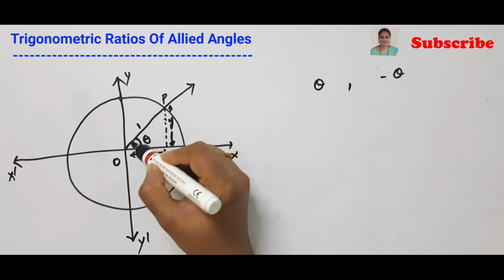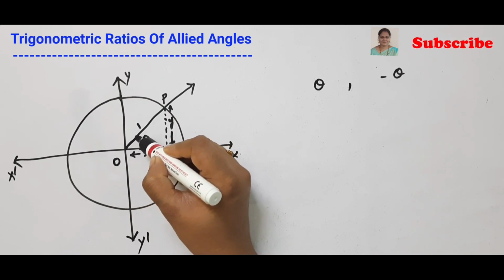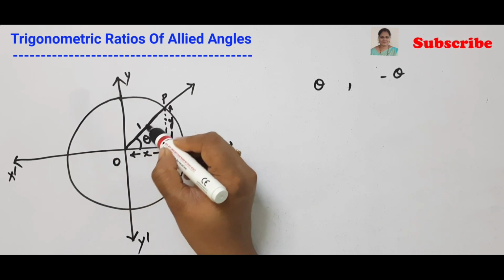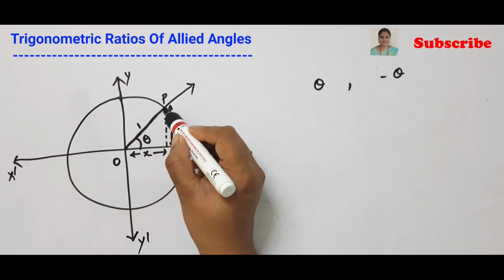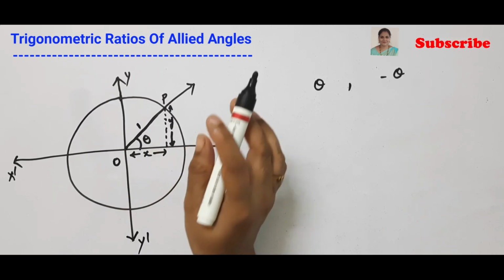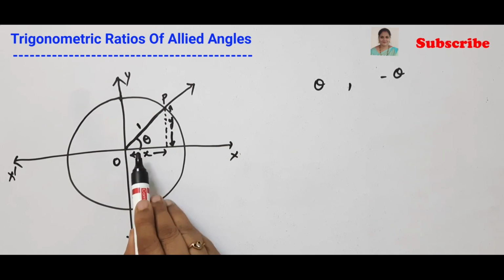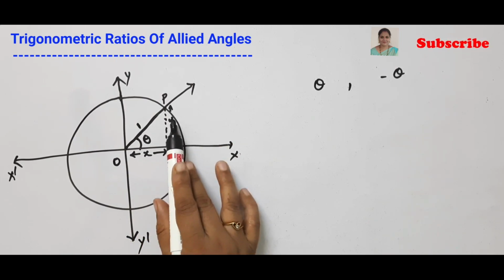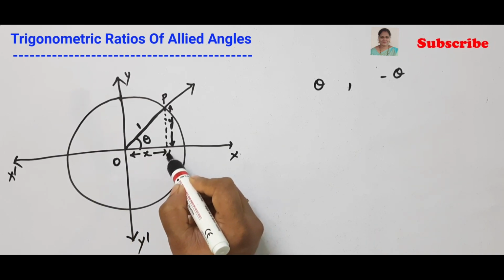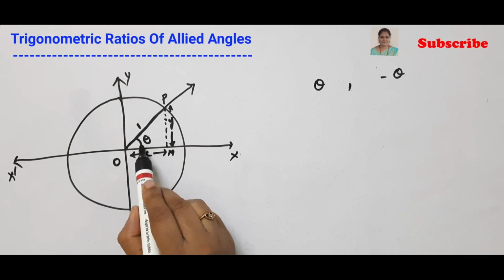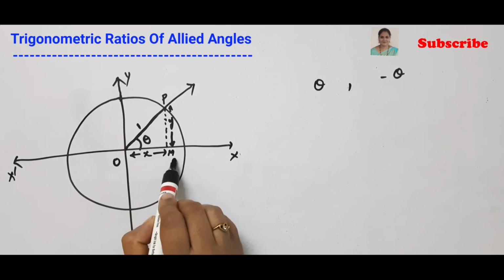So this is 1. Among these three sides, this side is the longest, so this is the hypotenuse. The side opposite to theta is PM, and the side adjacent to theta is OM.